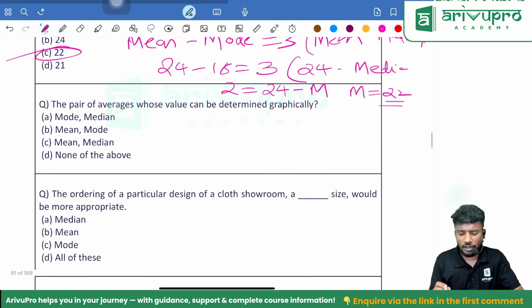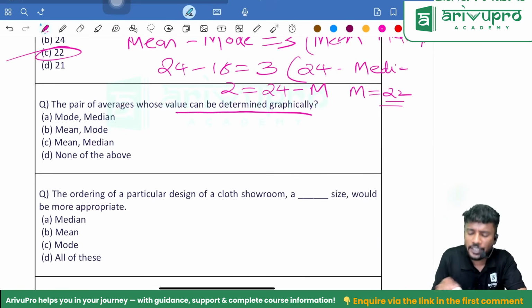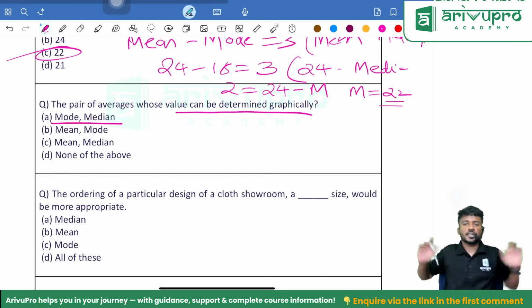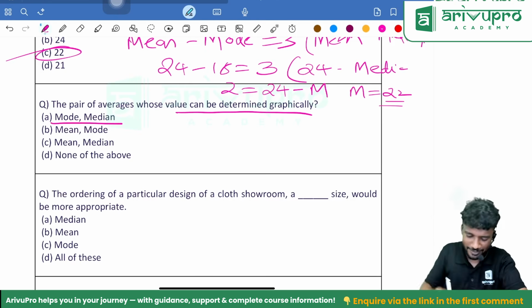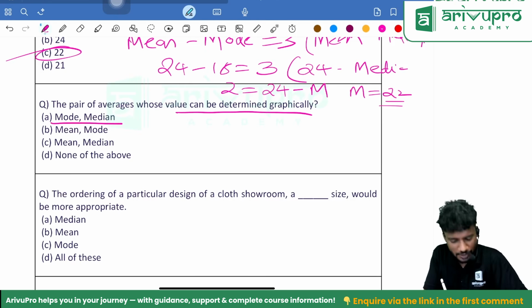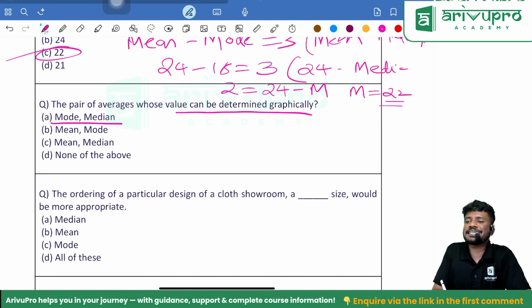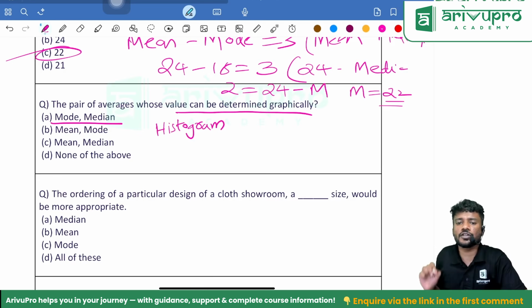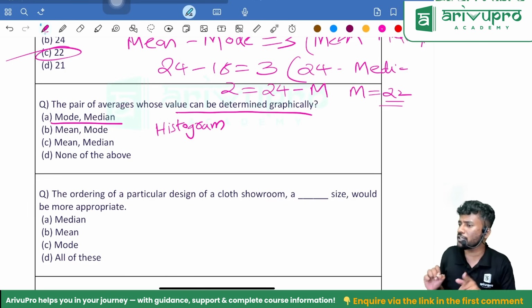Now, the pair of averages whose value can be determined graphically. Everyone knows the answer: mode and median. Spoiler alert: mode is determined using which graph? Histogram. Very important. Using histogram, mode is found for continuous data.